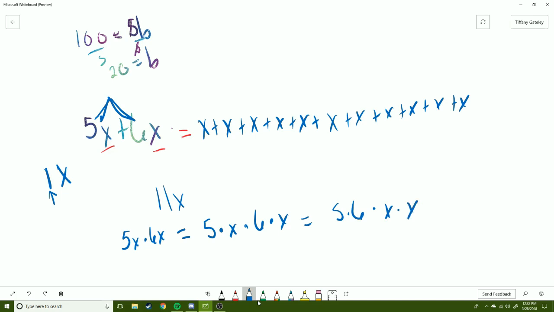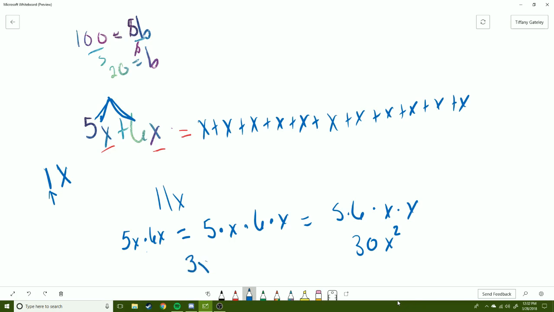So 5 times 6 is 30, and x times x is x squared. I'll give you 30x squared. So if you're multiplying, you multiply everything. So you multiply the 5 times the 6 and the x and the x. So 30x squared.